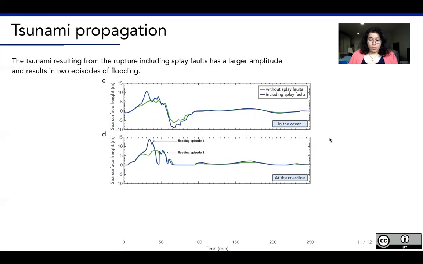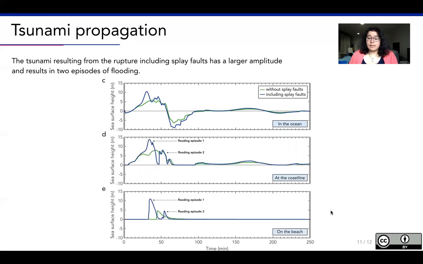But then at the coastline to be exact, whereas the model without splay faults shows one real inundation flooding episode, we see 2 flooding episodes for the model including splay faults. And if we look a little bit further on, actually at the beach, we see this again.